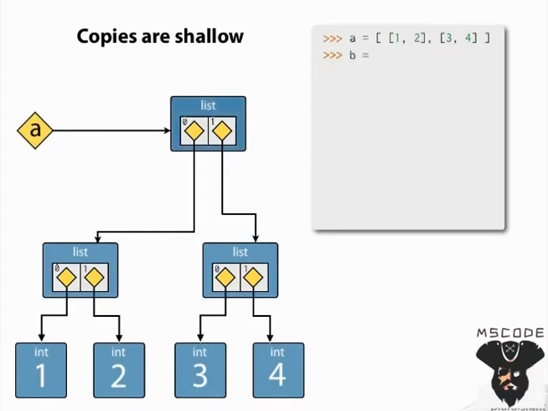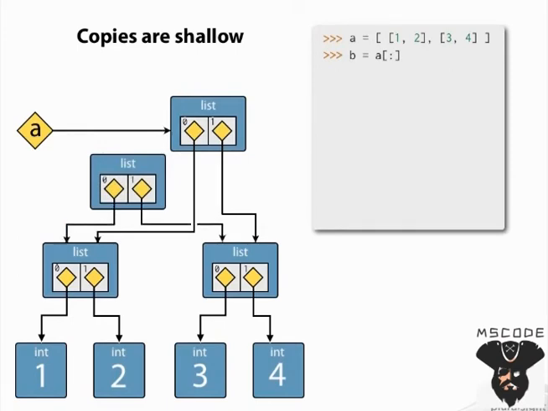What happens when we copy the list? Here we use the full slice technique, but any of the 3 techniques we've shown will have the same effect. We're requesting a copy of the outer list, so its elements, which contain references to the 2 inner lists, are duplicated. These references refer to the same inner lists as the original list A. Once the list copy is complete, we bind a new reference named B to the new list.